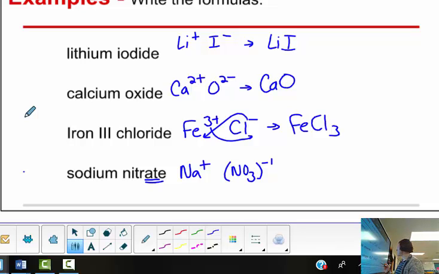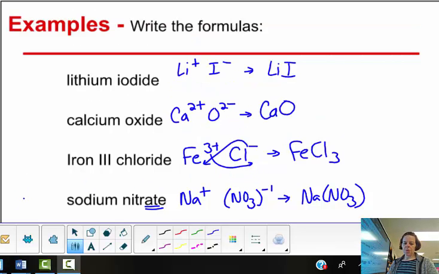So +1 -1 cancels. Your formula, NaNO3. The 3 has to be inside the parentheses. So that is a little bit about naming and formula writing. Yep, you guys are going to do some practice now. Enjoy.